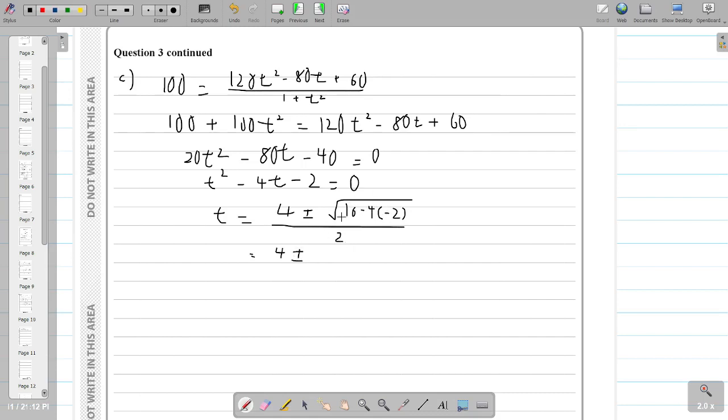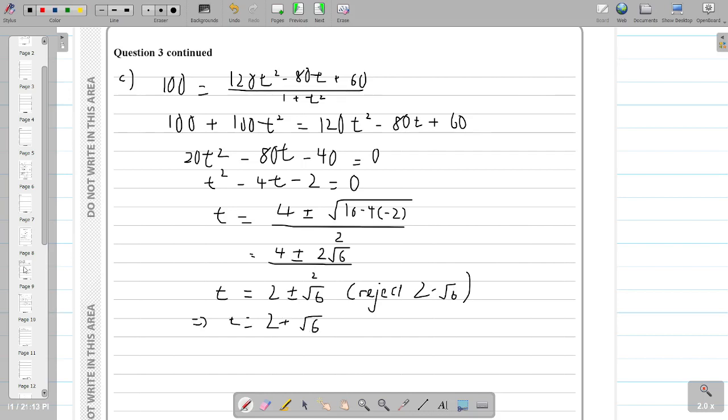Square root of 24 is 2 root 6, over 2, which is equal to 2 plus minus square root 6. Now, 2 minus square root 6 is going to be negative, and because t is time, we're going to reject 2 minus square root 6, hence t is equal to 2 plus square root 6.